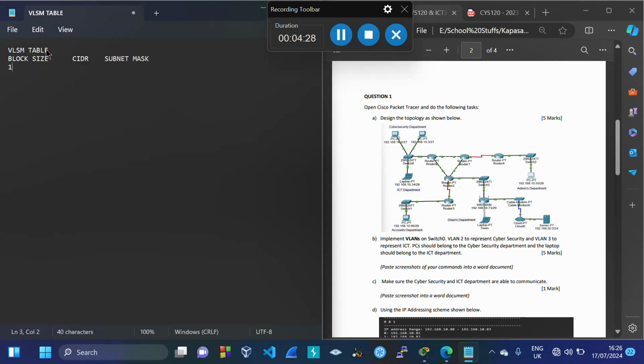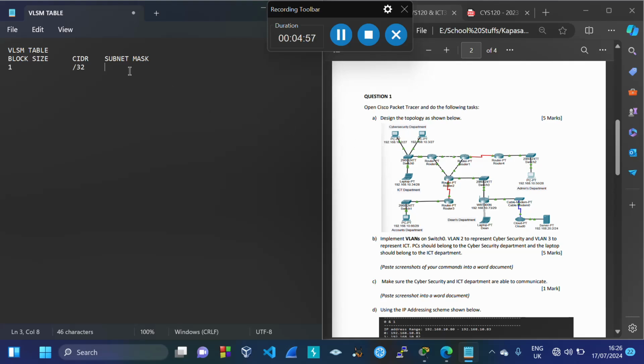A block size starts at 1, then CIDR will be starting at 32, then for the default subnet mask, we need to identify the class. Because it's 192.168.10.2 or any other number, it means this is a class C, and in a class C, the first 3 portions, 192.168.10, don't change.